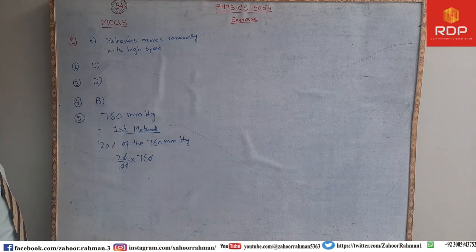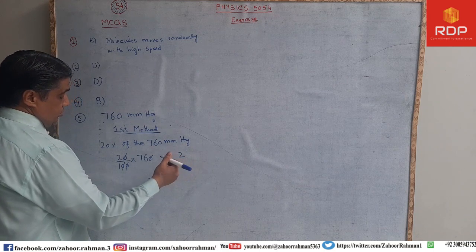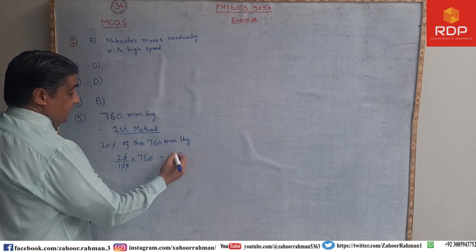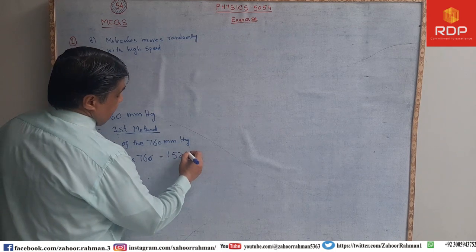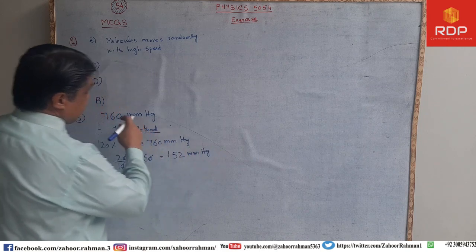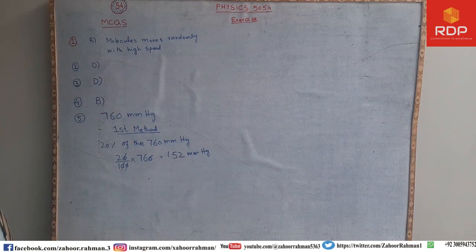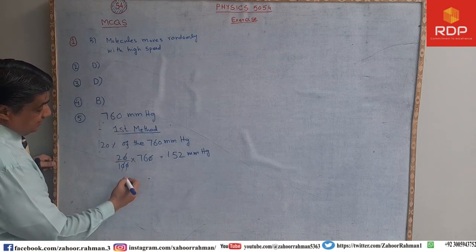The 100 is cancelled from each figure, and then it will be 2 times 760, which is 152. So we have to subtract this from 760.